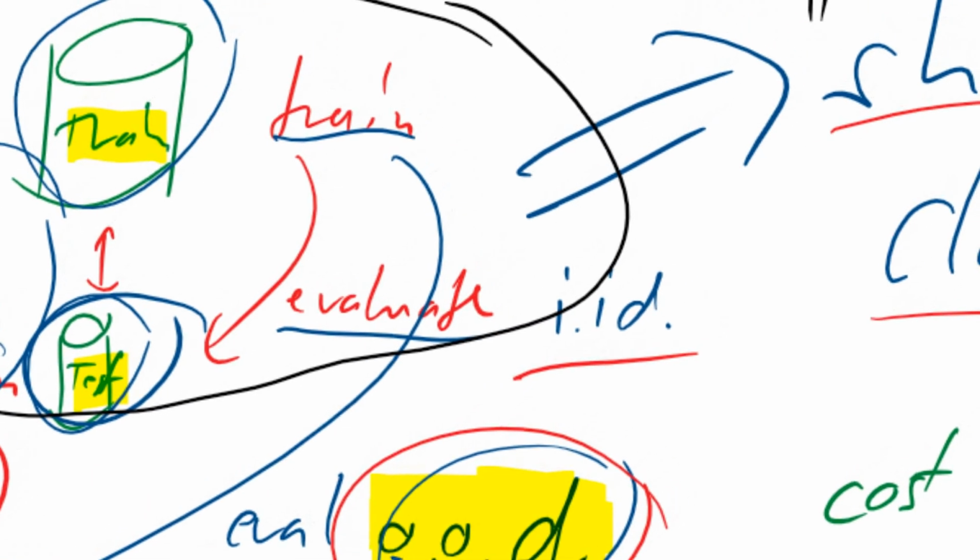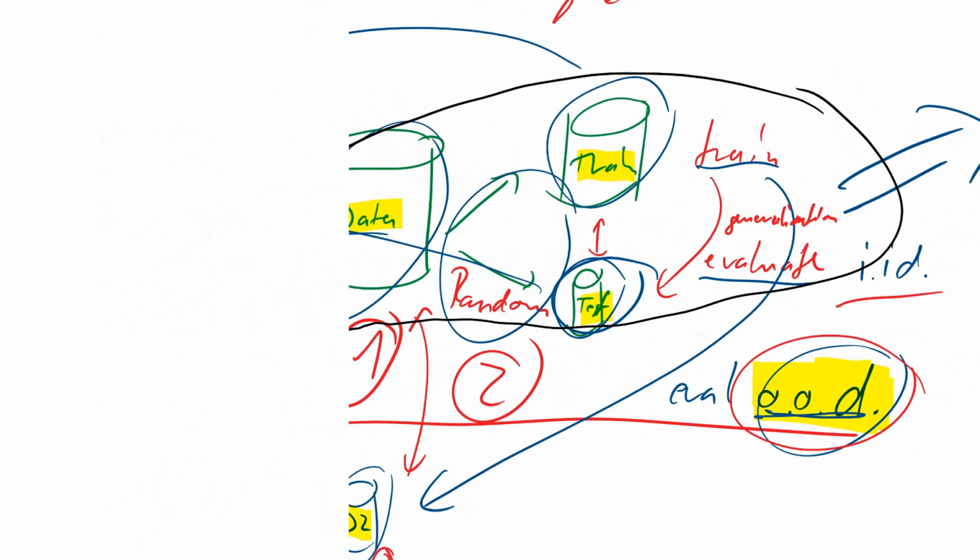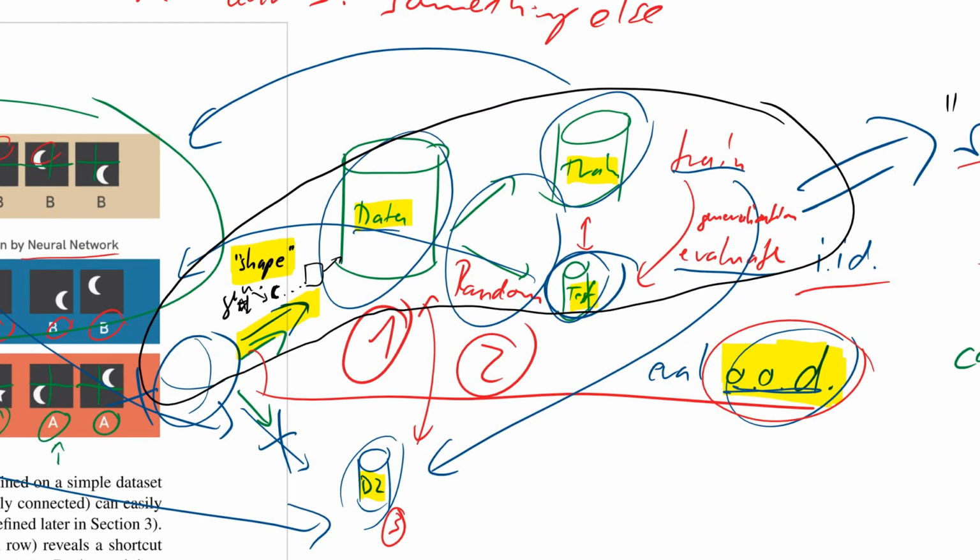You first have this generalization effect, and you have the effect of having produced this in a different fashion here. But you only have one of them.